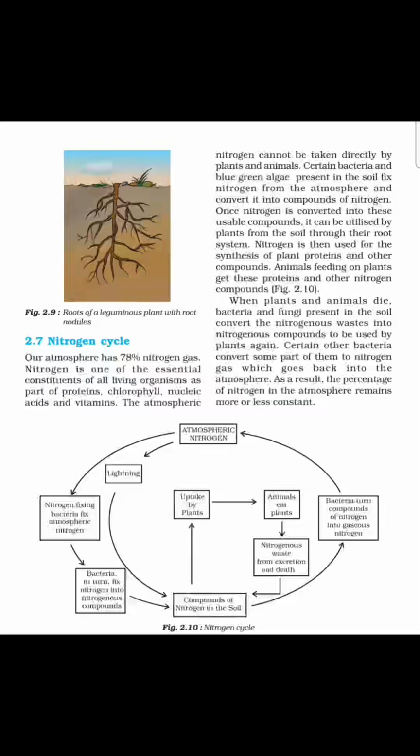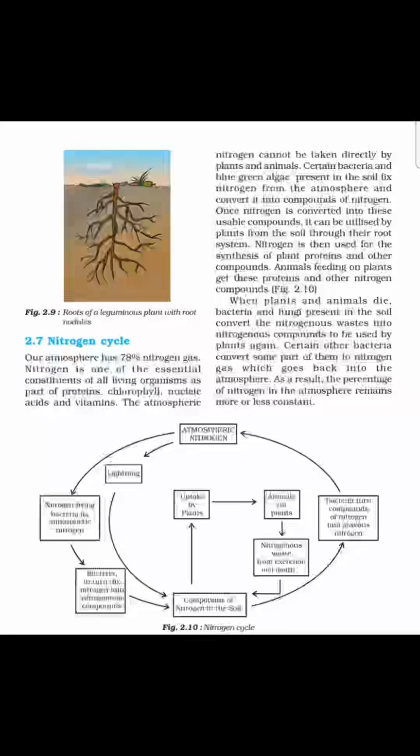Let's trace the journey of nitrogen using the diagram, figure 2.9, the nitrogen cycle. First one is atmospheric nitrogen. This is the starting point, the vast reservoir of nitrogen gas in the air. And second one is nitrogen fixation.